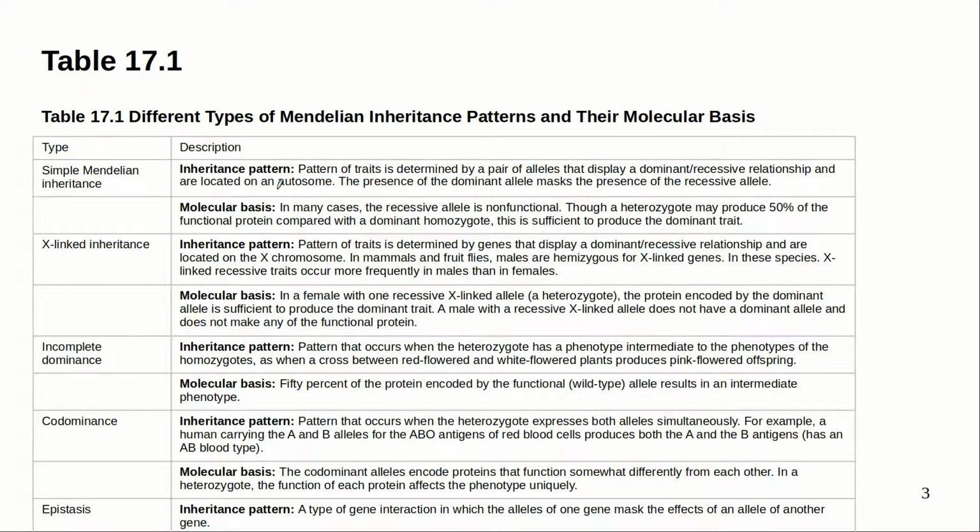I think you should watch the videos before you start memorizing. You're going to need to memorize some things, but watch the videos. Autosome, allele, dominant and recessive. If these things are unfamiliar to you, you'll need to go back and review some various parts in the book.